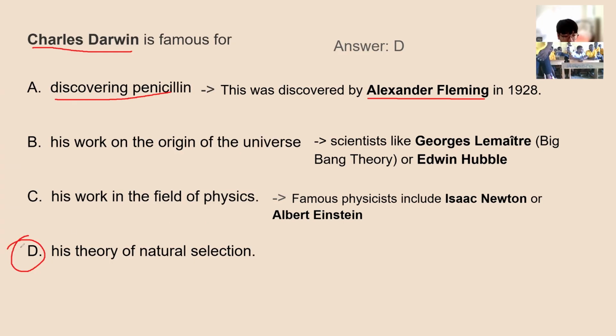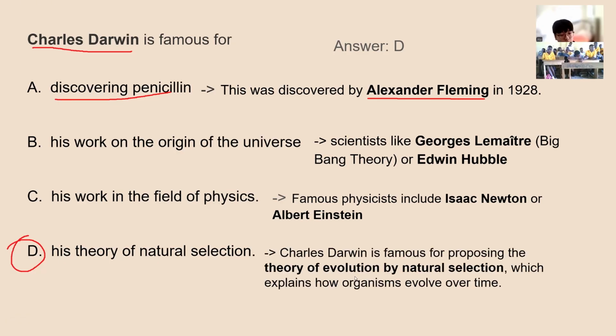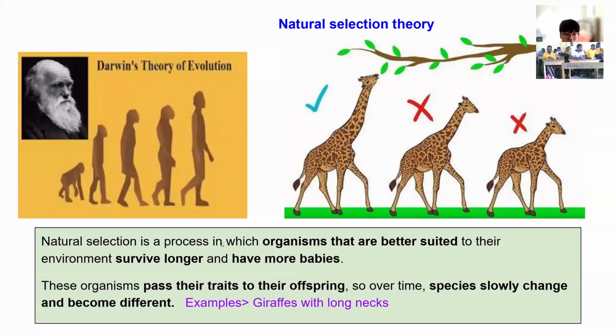But Charles Darwin was famous for his natural selection theory. He proposed this theory of evolution by natural selection, and this explains a lot of how organisms evolved over time. So if we look at this next picture here, this is Darwin's theory of evolution, also known as the natural selection theory.